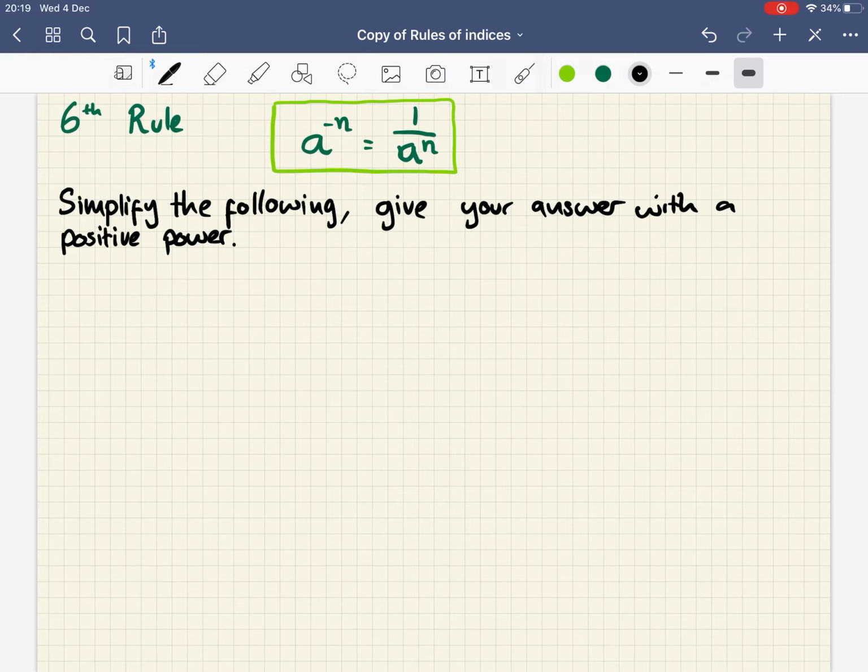And this is a sort of question where this rule would come into play, purely for this fact that it is asking for a positive power.